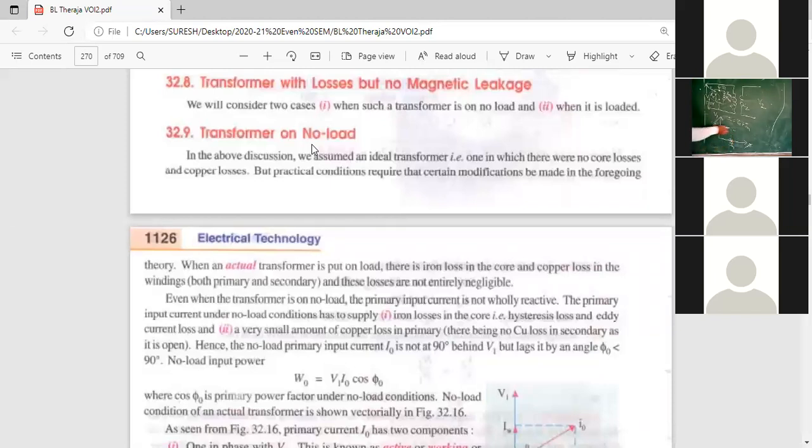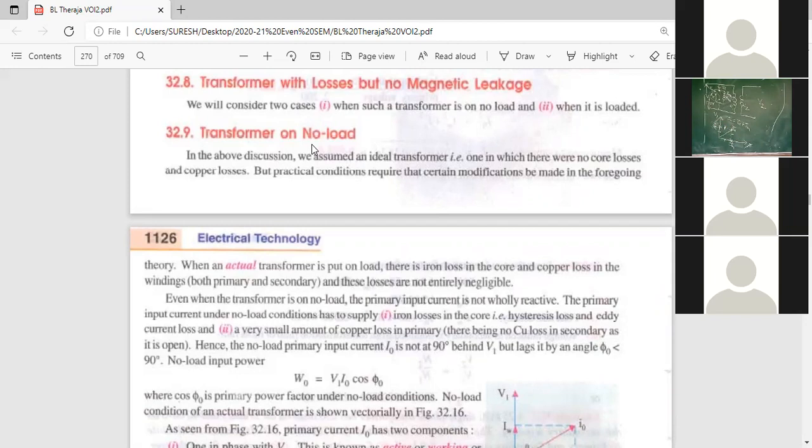These two are parallel lines and will intersect here. This is IM, this is IE. Take the resultant of this: this is your I0, the resultant of IE and IM.